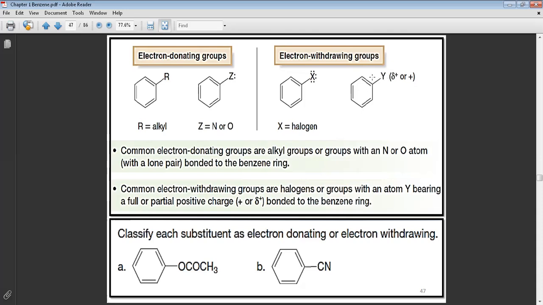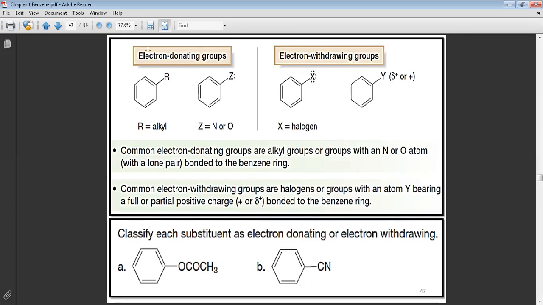This benzene ring with Y is partially positive or positive, so this is withdrawing. Okay, withdrawing. And the same for a carbonyl group: carbon and nitrogen or oxygen, partially positive, so this is withdrawing. Okay.